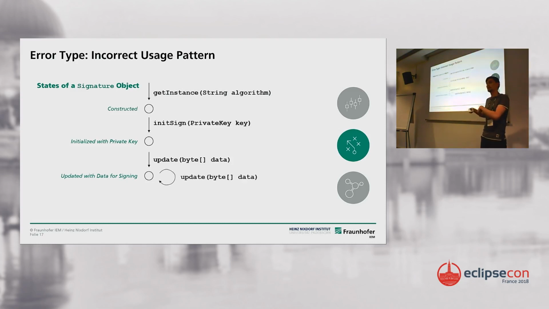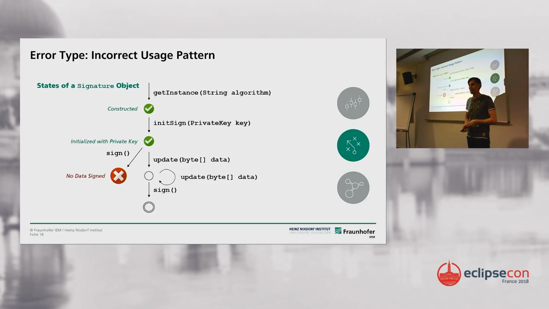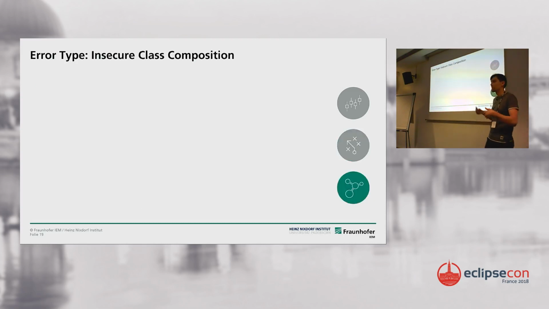Then you can either do another call to update, which adds additional data, and eventually you have to use the sign call to compute the signature. So in the code example we just saw, the object was constructed, it was supplied with the correct private key, and then the developer just calls sign. So in that case, we want to warn the user that he should have called update at that point. Then, this was the second error type.